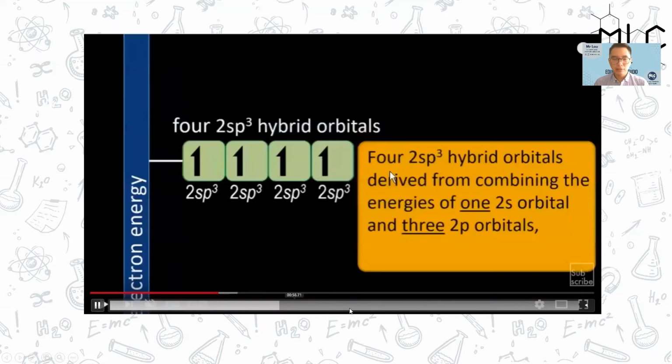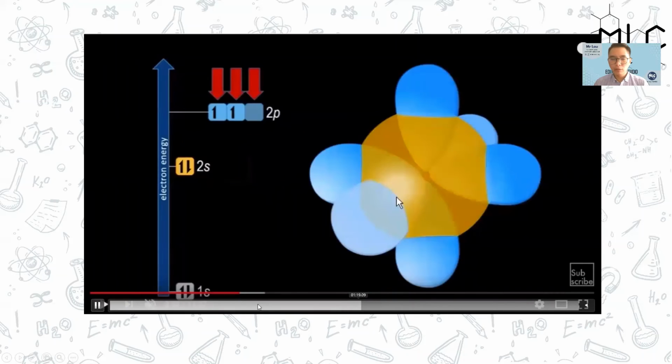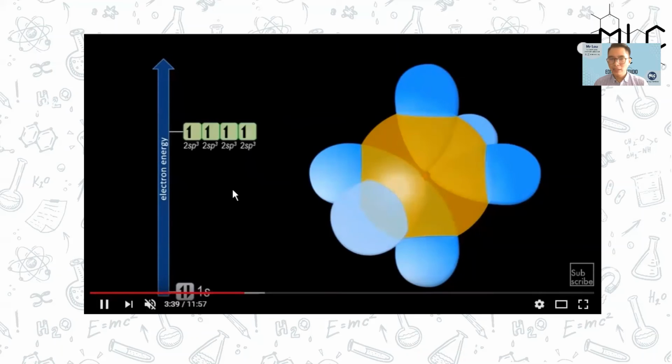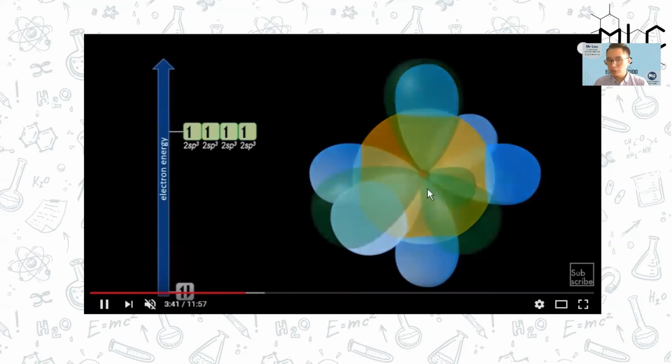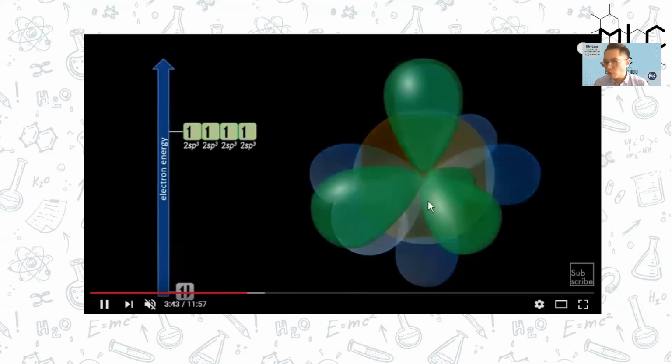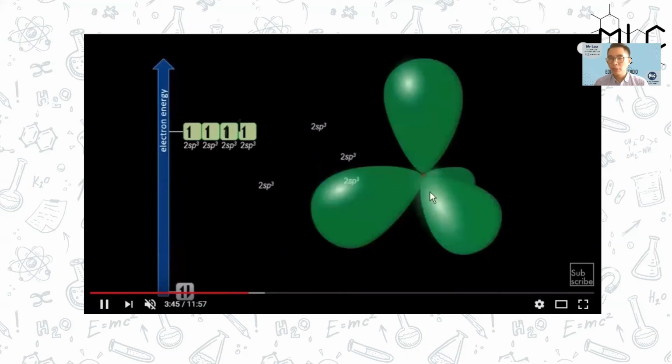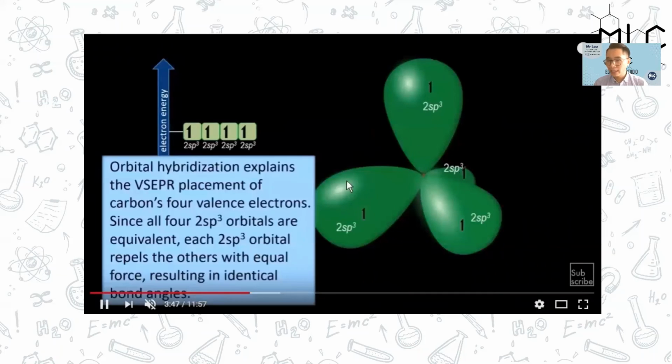Now, in terms of the orbitals, how do they look like? Over here, at first, you have an s orbital, the yellow one, and you have 3 p orbitals. After the hybridization, they are combined to form new hybrid orbitals, which are in green now. These are 4 equivalent hybrid orbitals, which can be used to form your head-on overlap.